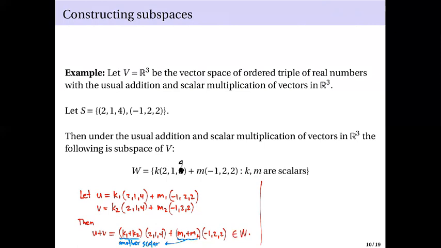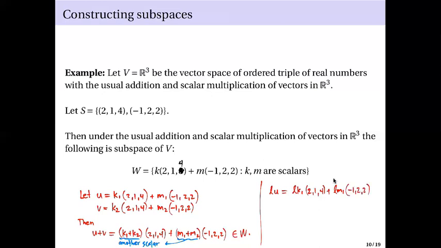Similarly, you have l times u. This is just l k1 times (2, 1, 4) plus l m1 times (-1, 2, 2).